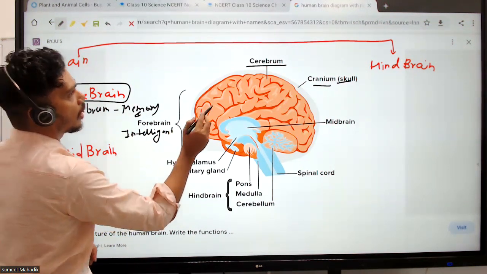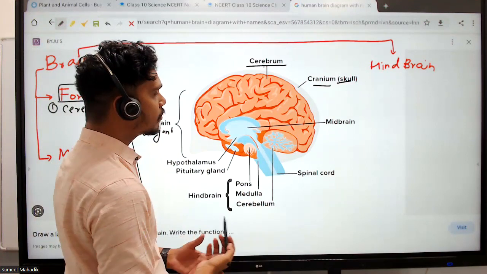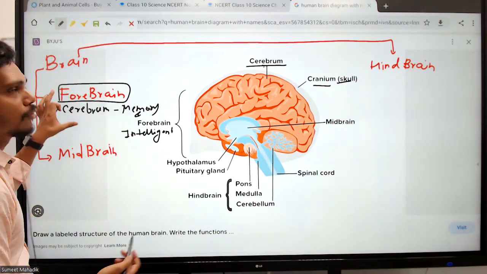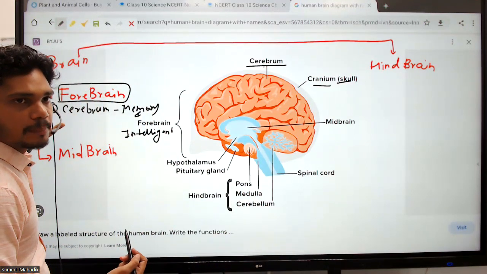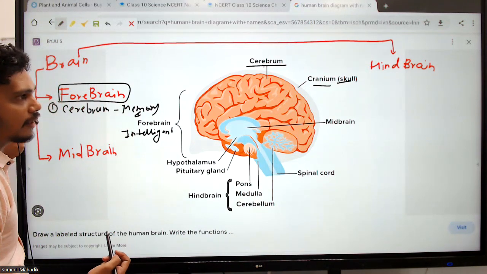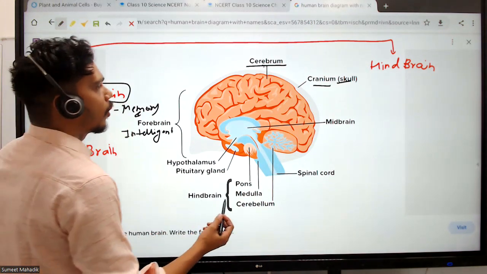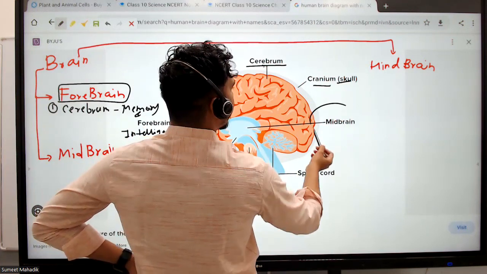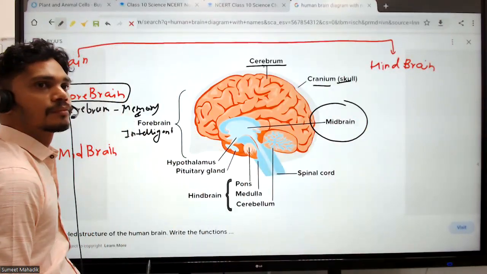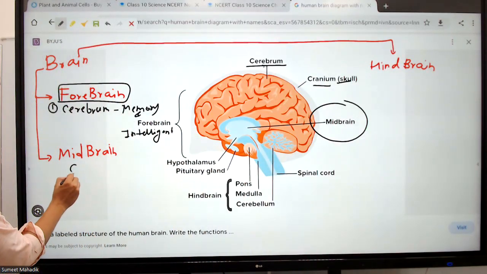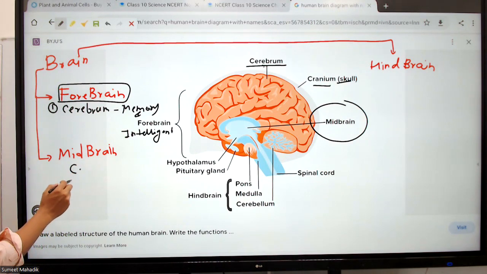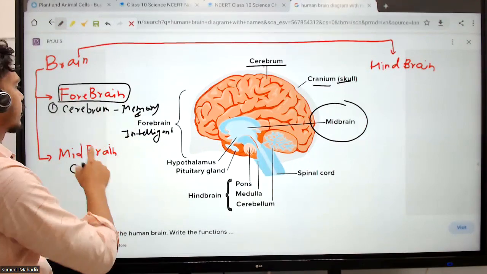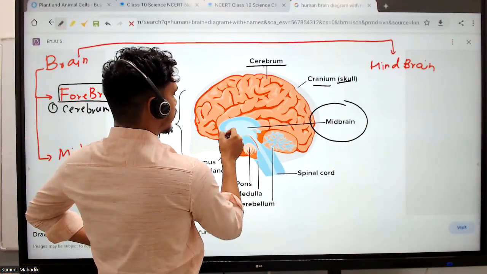Now, apart from the cerebrum, what are the parts of the forebrain? We have just studied that, right? Fine. Now, midbrain. Don't get confused between this and this. Can you see the midbrain? It is here.